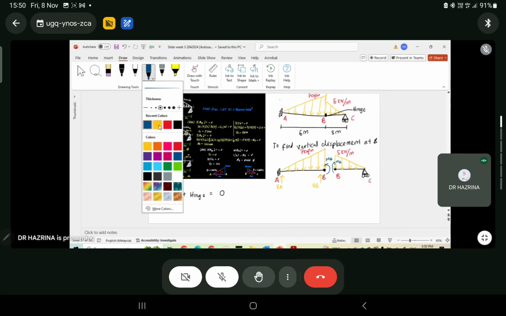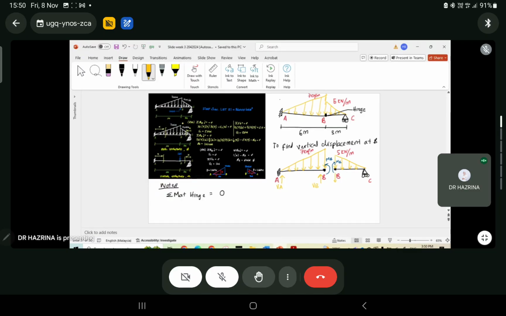If you have that VB going up here, the VB here must go down. So in total, here you will get your reaction forces VC.